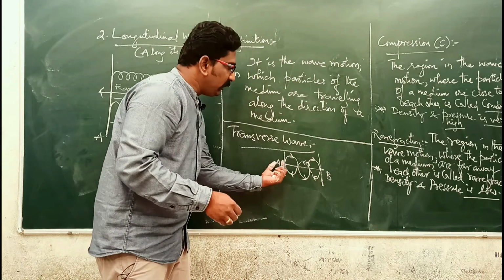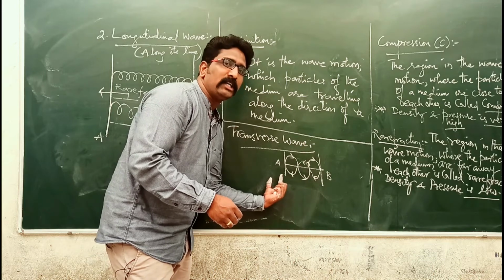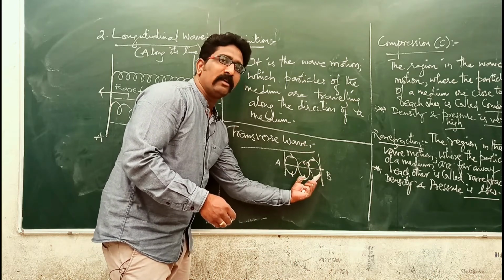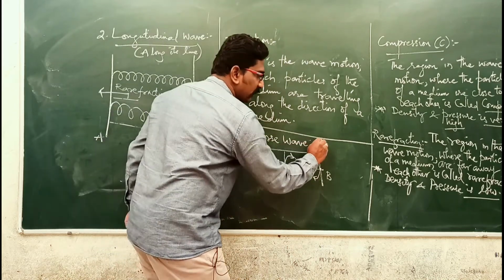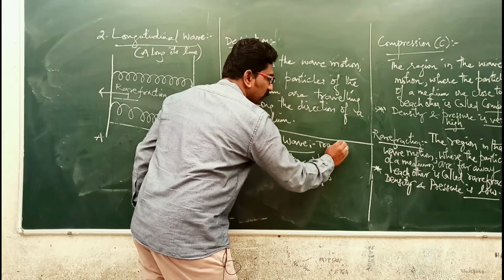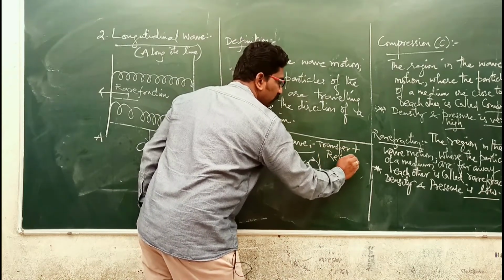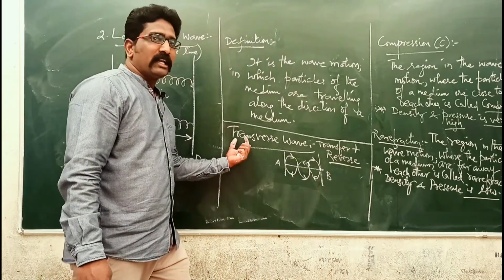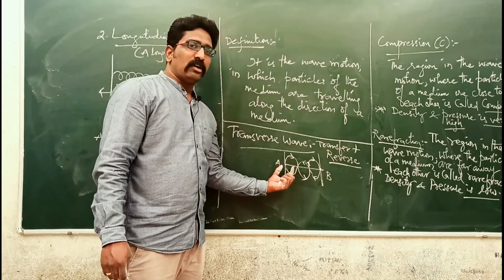So the transfer of energy has taken place from point A to point B, and once it touches point B, it reverses its direction. So the transverse wave is a transfer plus reverse of the energy. This is how the name transverse came into picture.